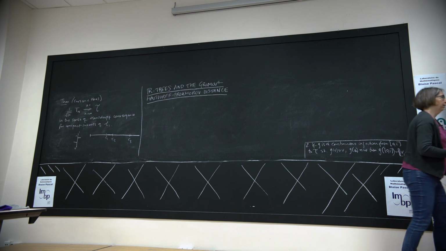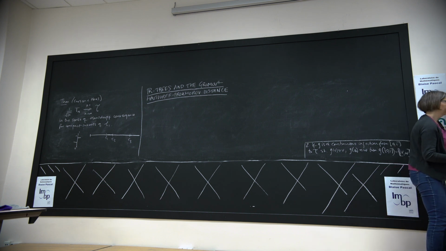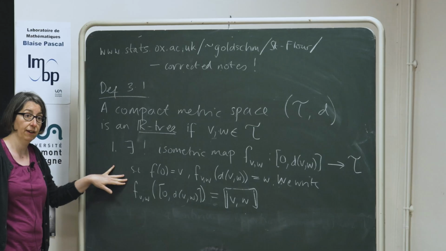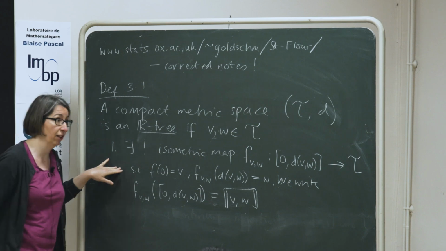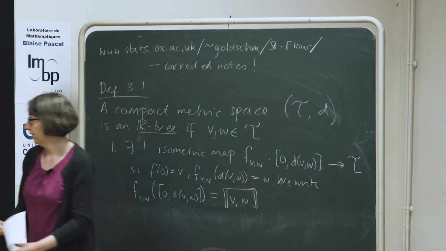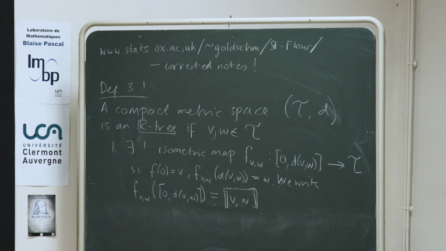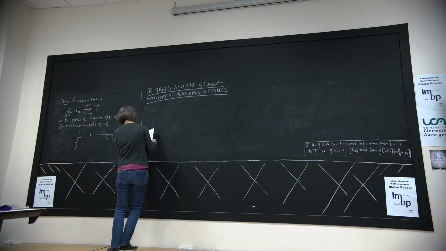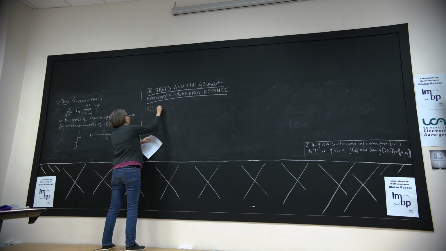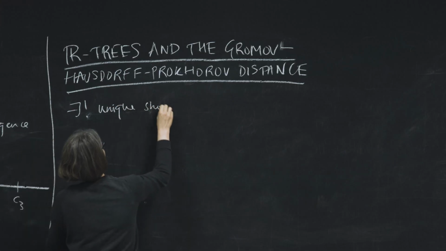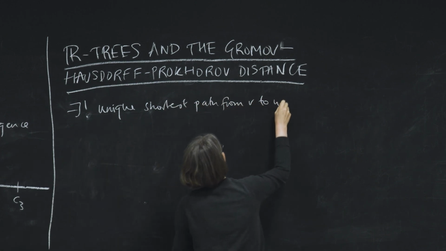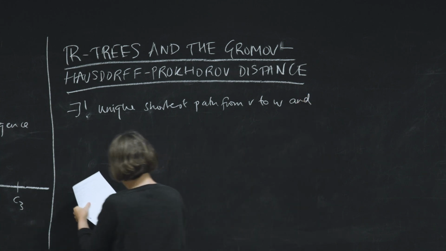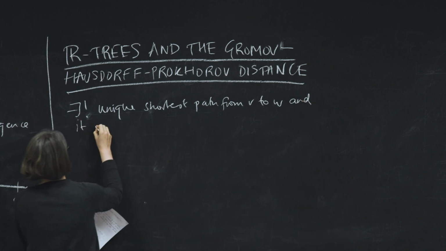So this is saying that there's a unique geodesic from V to W, and in fact that geodesic looks like a line segment. And this is saying that's the only path from V to W. So there exists a unique shortest path from V to W, and it is the only non-self-intersecting path.